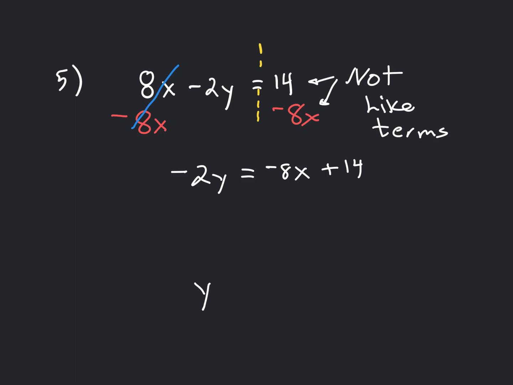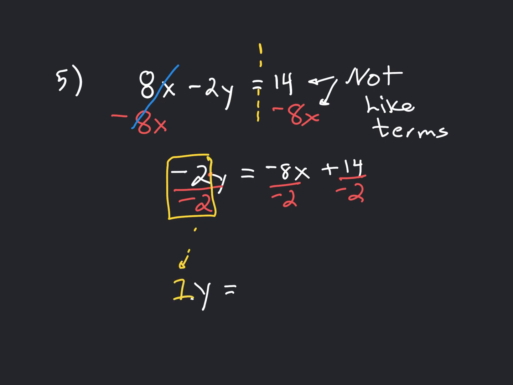Remember, we're trying to get the coefficient to be just one y. So we undo multiplying by negative 2. Remember, this means negative 2 times y. So we're going to undo multiplication by dividing by negative 2. And whenever you multiply or divide, you must do it to every single term. Isn't negative 2 divided by negative 2 1y?